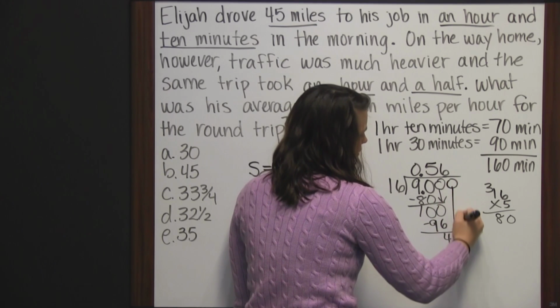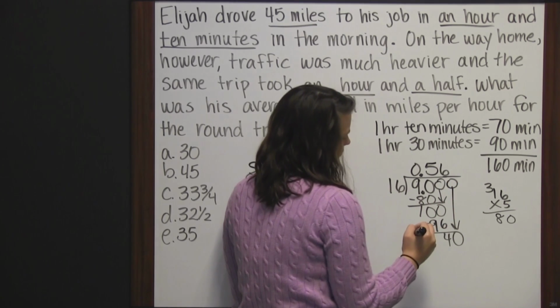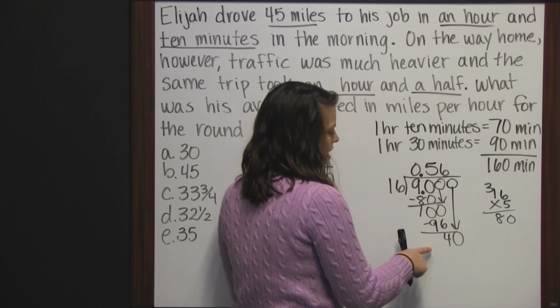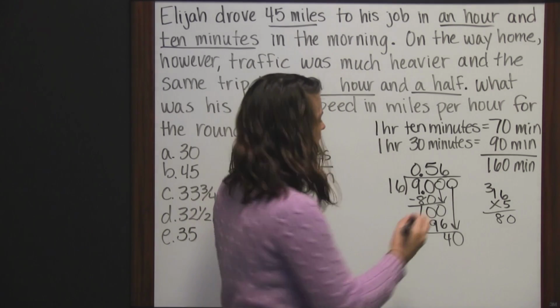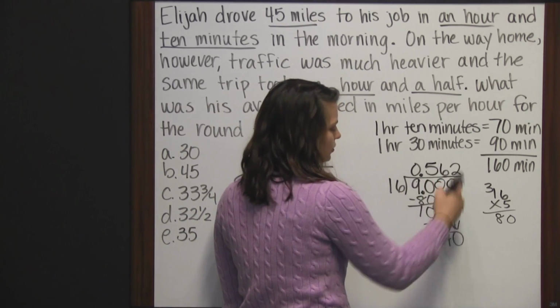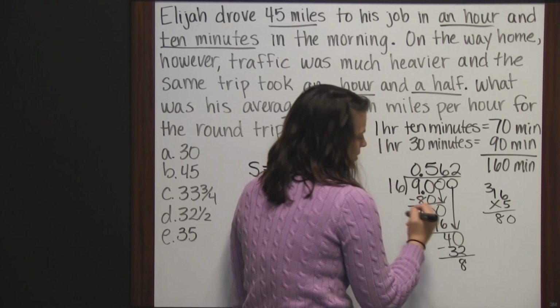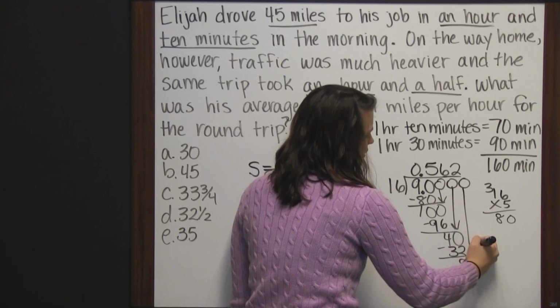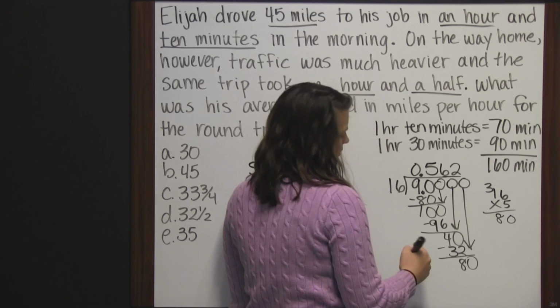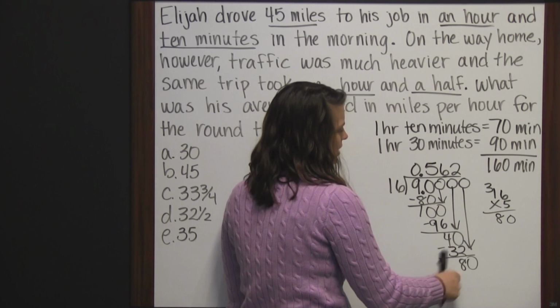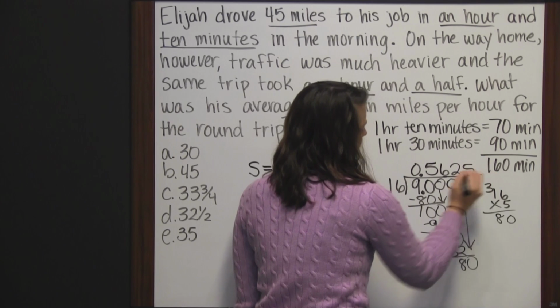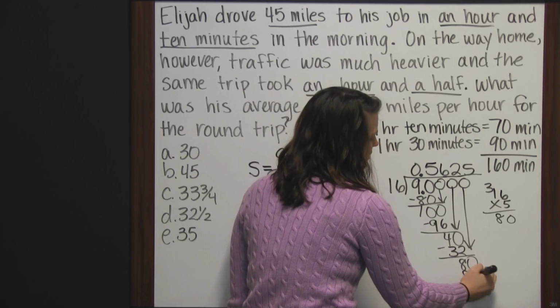Add another 0, bring it down. 16 goes into 40 2 times. 16 times 2 is 32. So we subtract and we get 8. Add another 0, bring it down. And 16 goes into 80 5 times. 16 times 5 is 80.